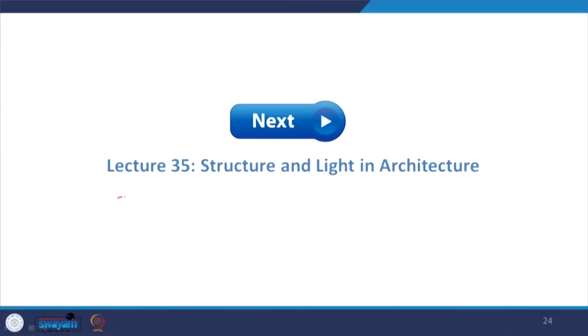With that we will be waiting for the next discussion, on structure and light in architecture, how the structure can help to improve the lighting of architecture, and the focus will be on daylighting. As I have just mentioned, it is not only about orientation of buildings, but how you can optimize the light through your structural design or architectural form, which can save some energy for artificial lighting and ventilation.